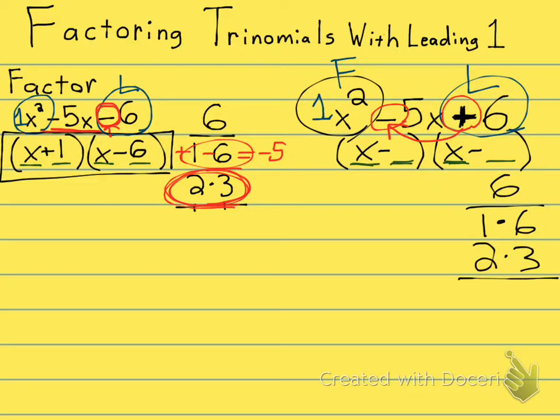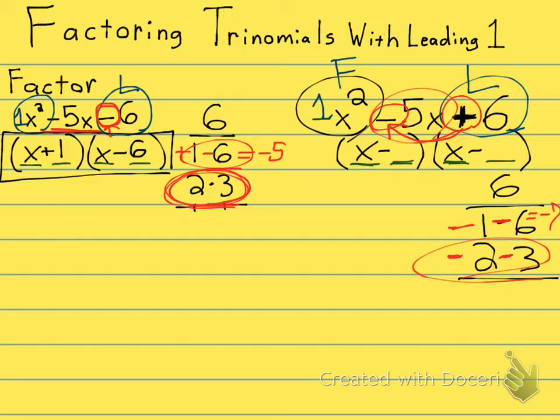How can these both be negative and give me a minus 5? Well, it's either going to be a negative 1 and a negative 6, but if I add those together, that gives me a negative 7. That's not it. Or it's going to be a negative 2 and a negative 3. This is it.